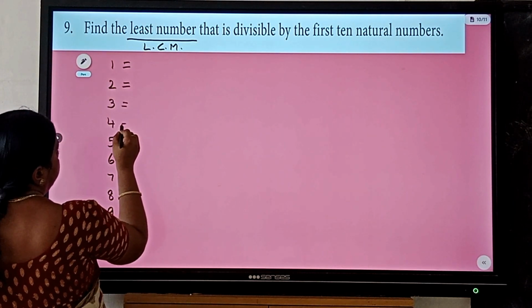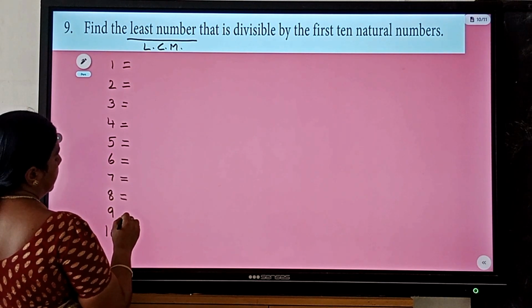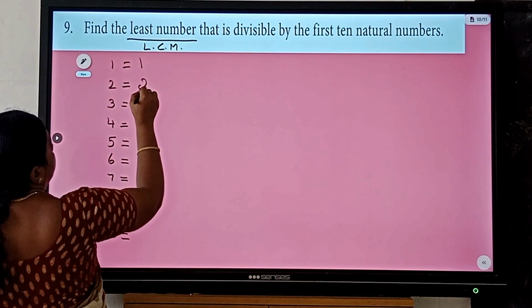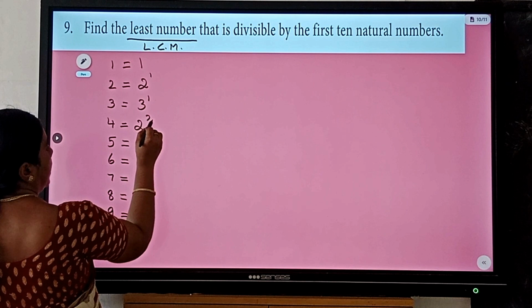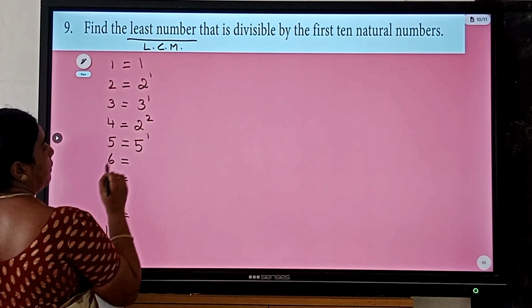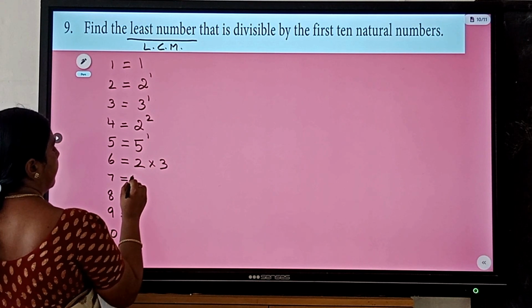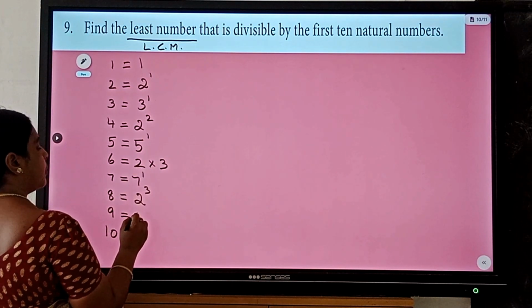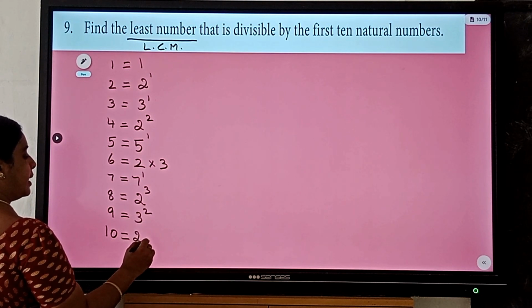So we have to find the LCM of these natural numbers. So we write the factors. So 1, 2 power 1, 3 power 1, 4 is 2 square, 5 is 5 power 1, 6 is 2 into 3, 7 is 7 power 1, 8 is 2 cube, 9 is 3 square, and 10 we can write as 2 into 5.